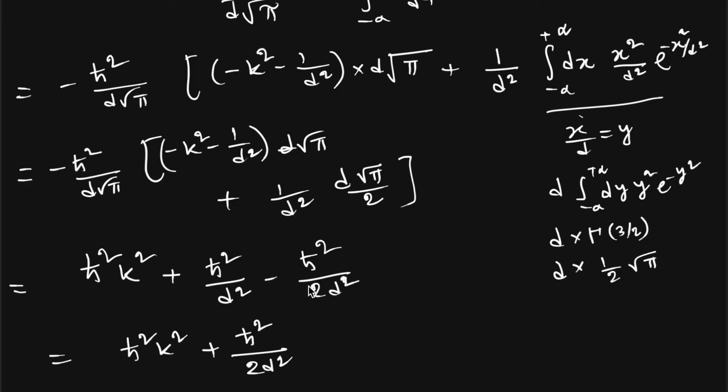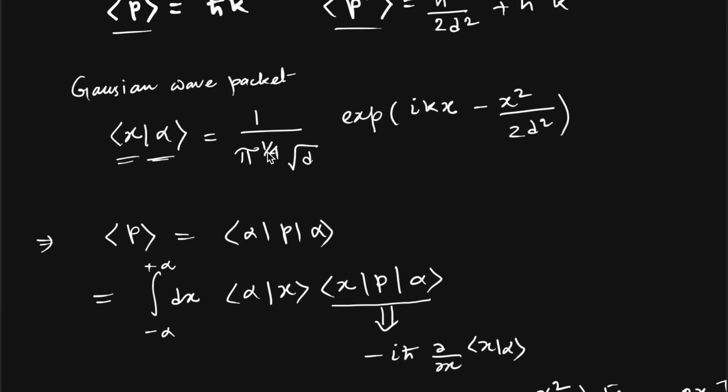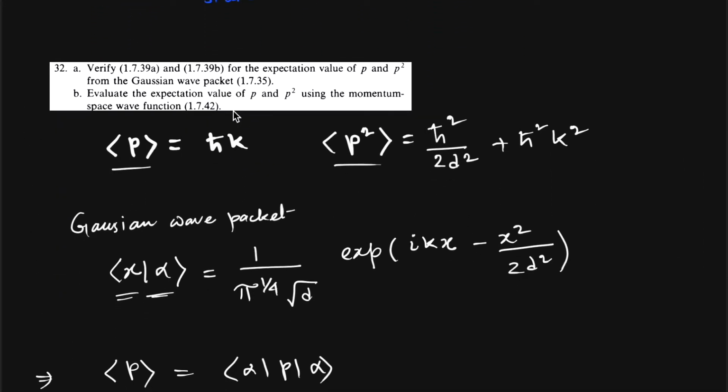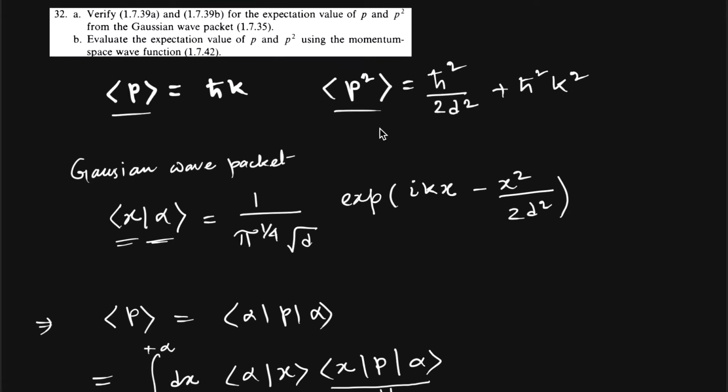So we have seen that the expectation value of p square is this relation in the Gaussian wave packet.